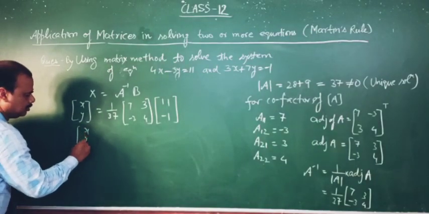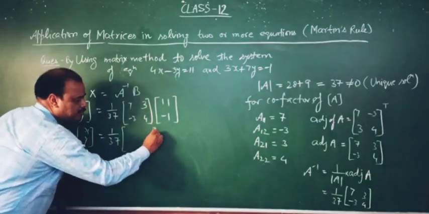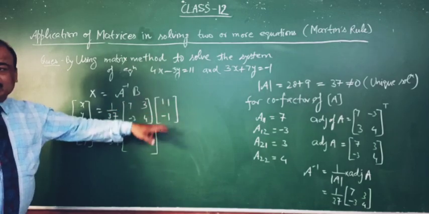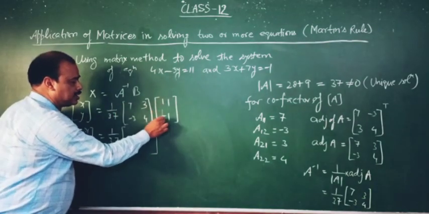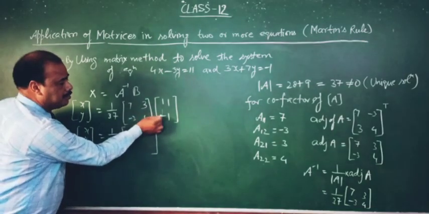First of all, we have to multiply these two matrices, row by column. First row, first column, 11 times 7 is 77, minus 3.